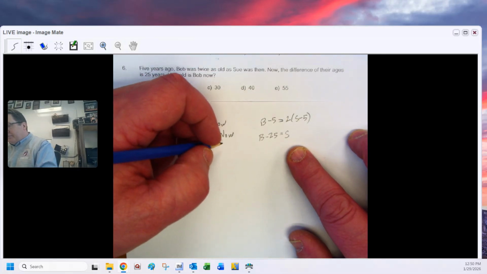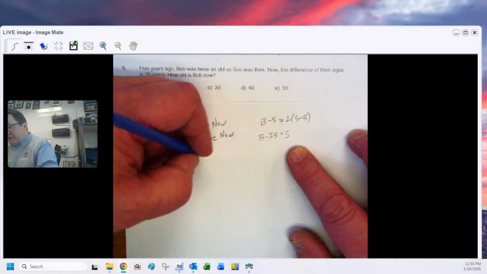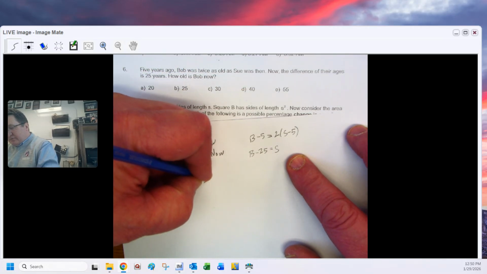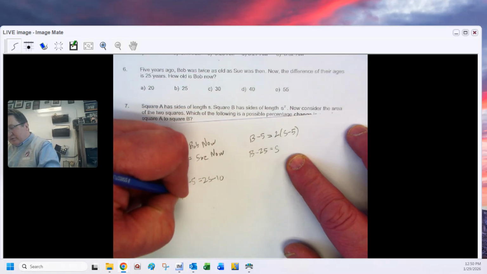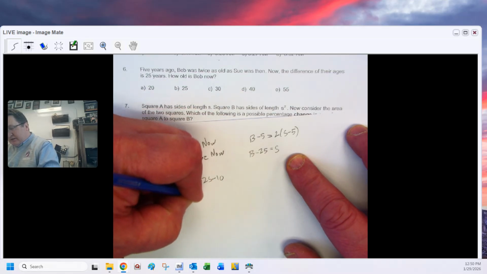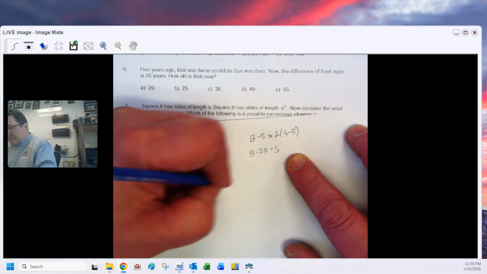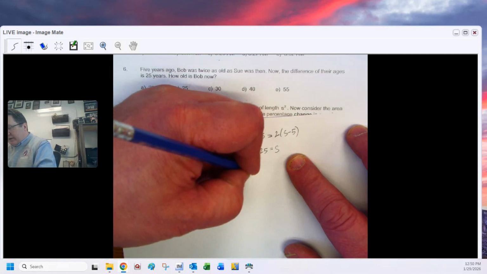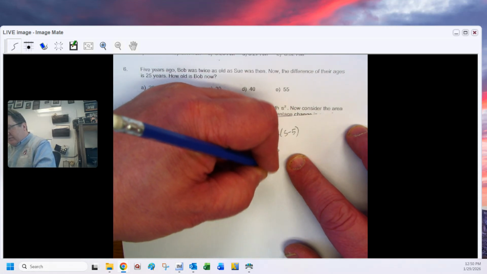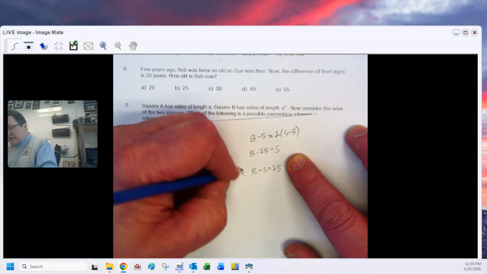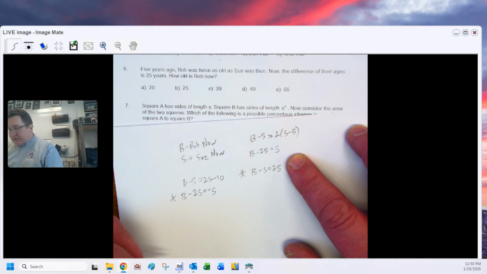Some people would say, all right, well, this first one I could go B minus 5 equals 2S minus 10. And so B minus 2S equals negative 5. And then on this next one, you might even say, well, B minus S equals 25. And so we've got two equations here that we're able to manipulate.